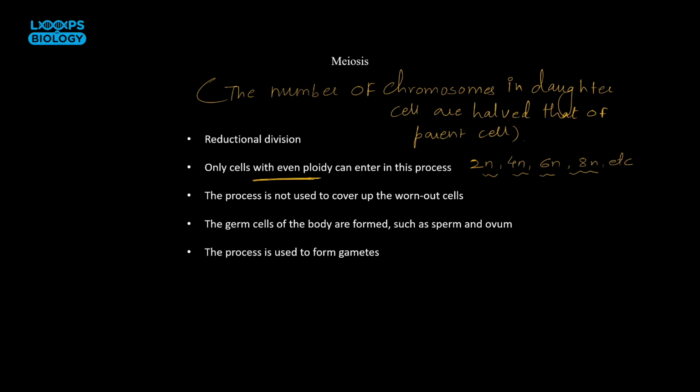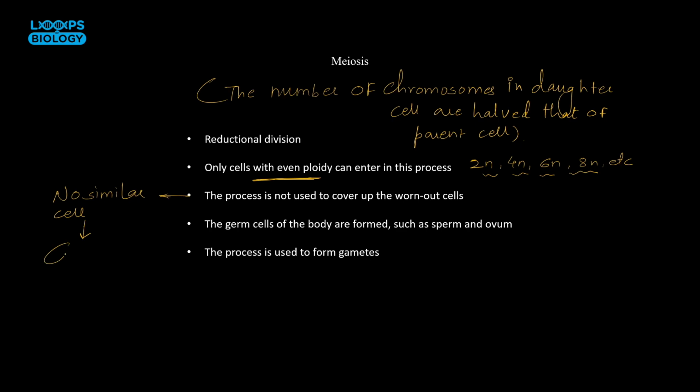The process is not used to cover up worn out cells. Whenever I'm talking about meiosis, as the chromosome number is going to get halved, it does not lead to the same cell again. There is no similar cell forming.